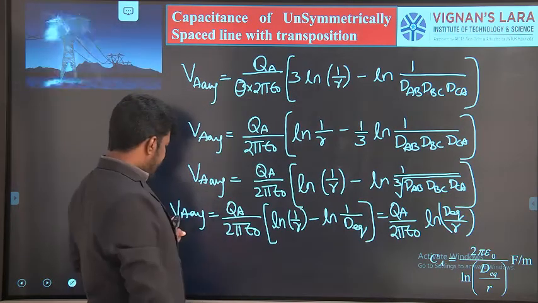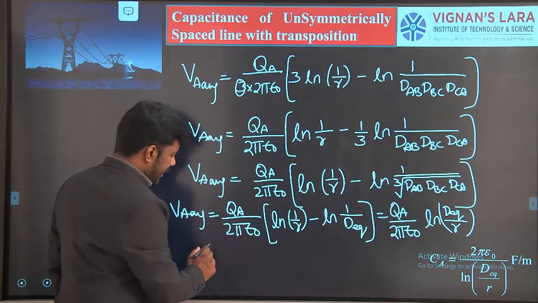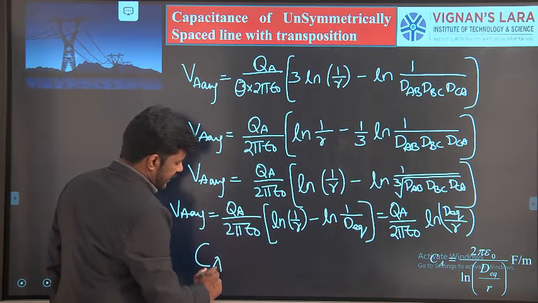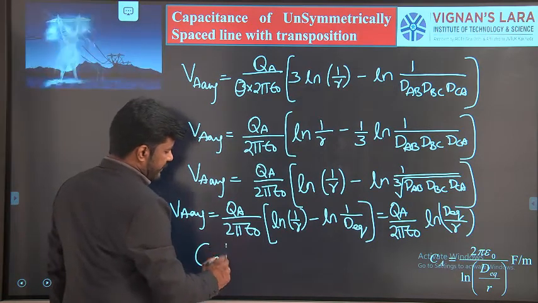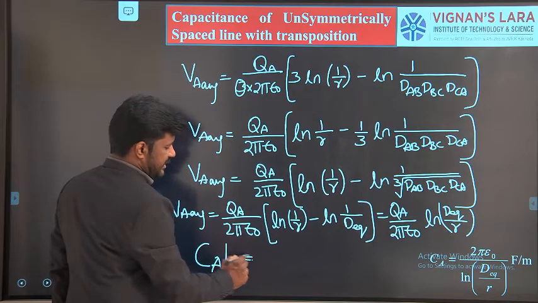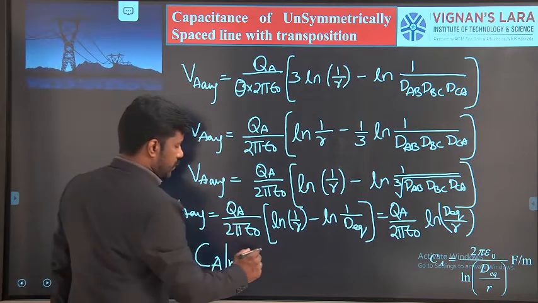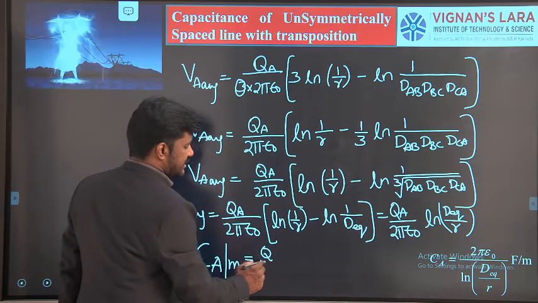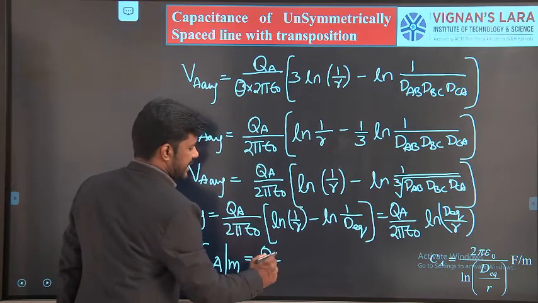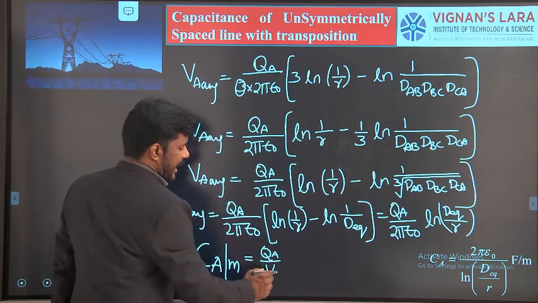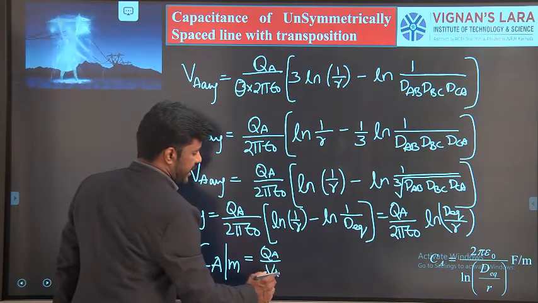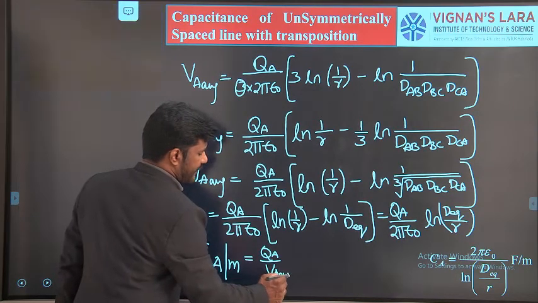From this average value of the potential, you can calculate the capacitance of conductor A for 1 meter length in this transposed line. Capacitance is defined as charge per unit voltage. Since I am calculating for conductor A, I have to get this as QA by VA, and this VA is found for the average value.